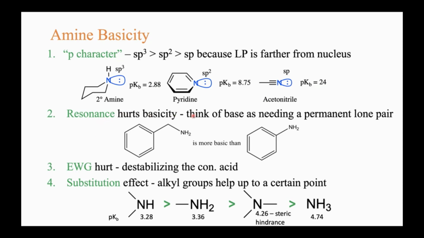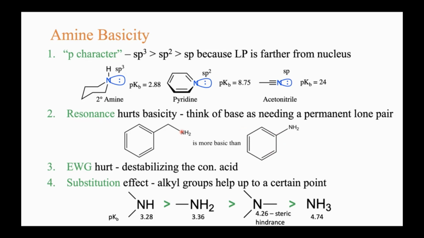Resonance is going to hurt basicity. This is a rather interesting observation, but the way I like to think of it is that a base needs a permanent lone pair, because a base is donating that lone pair to a proton. So, for example, this nitrogen has a lone pair, but that lone pair is constantly resonating with this benzene ring. So in a way, this lone pair on nitrogen is less permanent because it's constantly being tossed around this molecule.